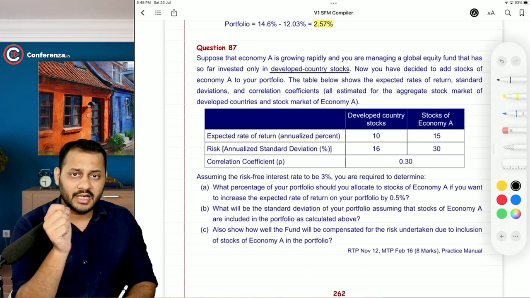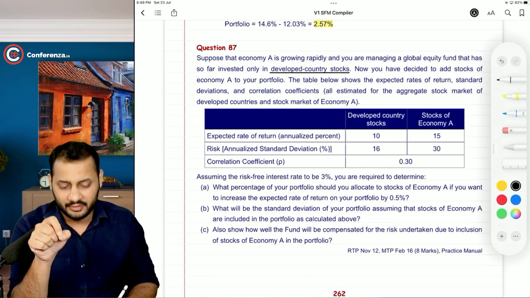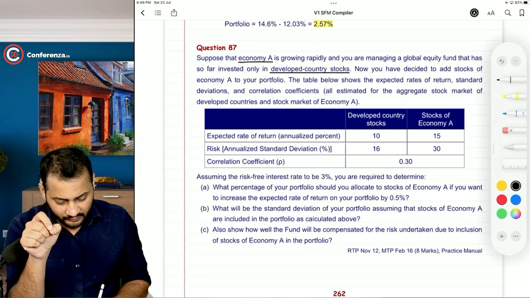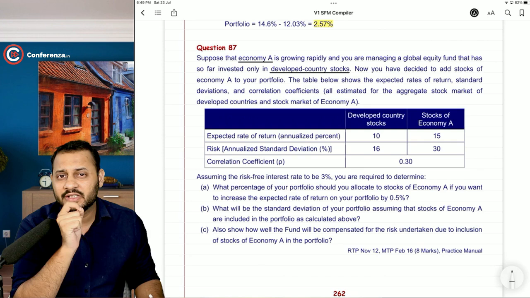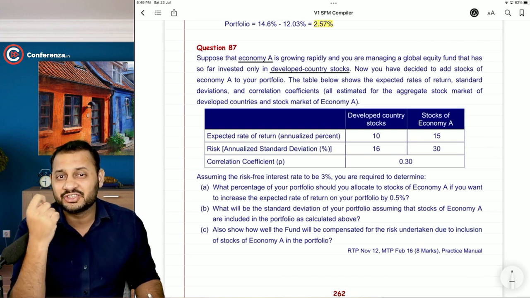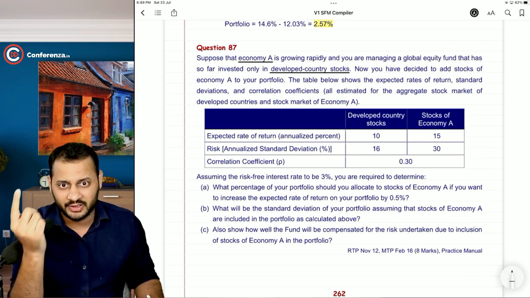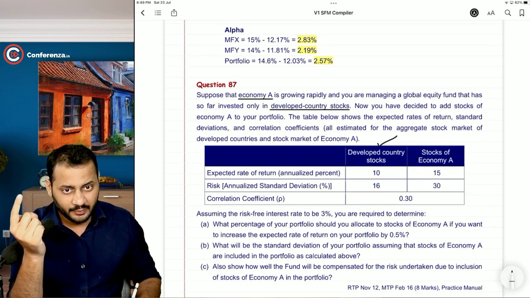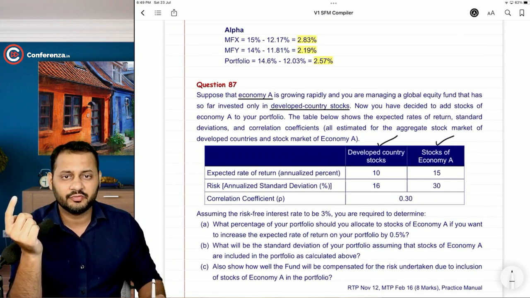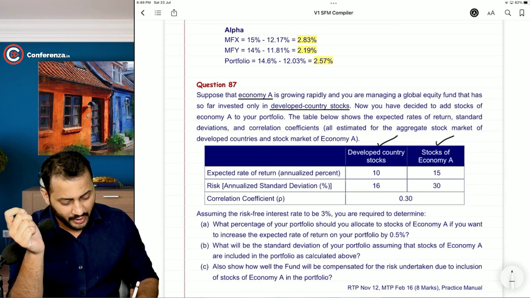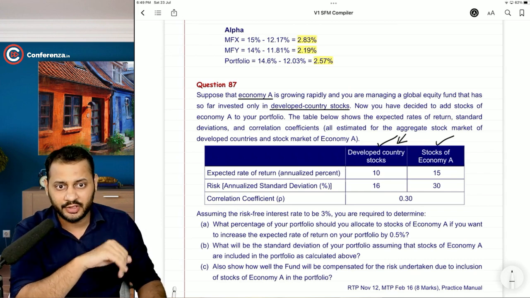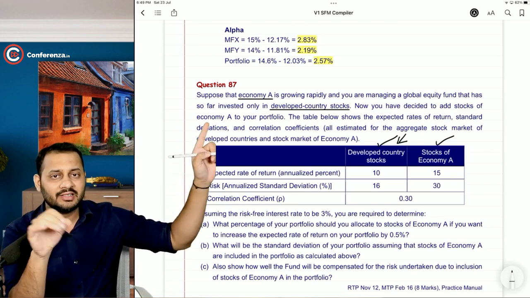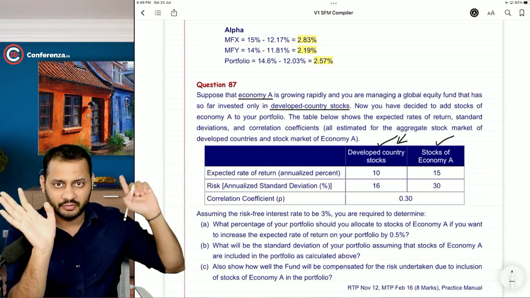But apart from that, there is one more developing country, economy A, which is growing rapidly. And you don't want to miss out on the opportunity of earning extra returns by investing in economy A. So there are two things, developed country stocks and stocks of economy A. Right now you have all the investments in developed country stocks only. Okay, now you have decided to add the stocks of economy A to your portfolio.